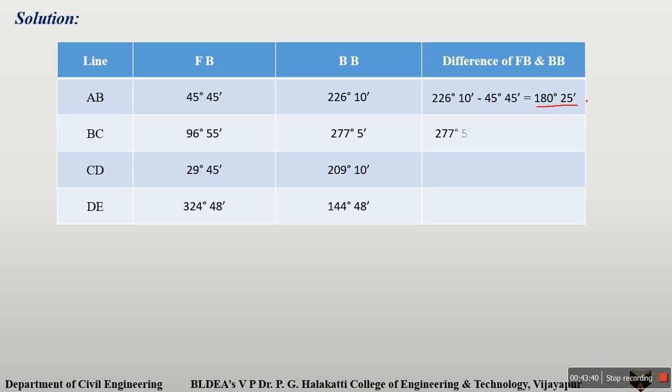Similarly, for the second line BC, the difference of these two is 180 degree 10 minutes. Again it is not equal to 180 degree, so these are affected by local attractions. Similarly, for the third line CD, we are getting less than 180 degree, so this line is also affected by local attractions.